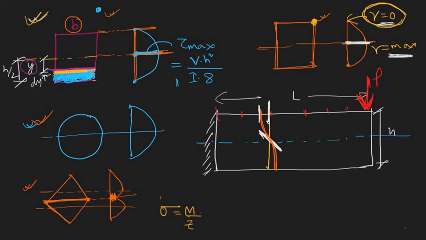So all the vertical planes which you have drawn at the face of this beam now become this one. So plane sections don't remain plane when your beam is not subjected to pure bending. So that's it.